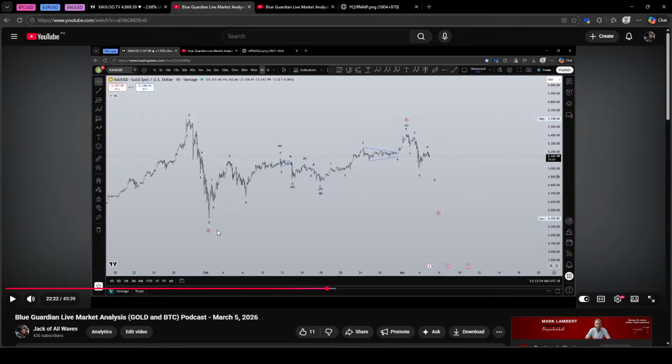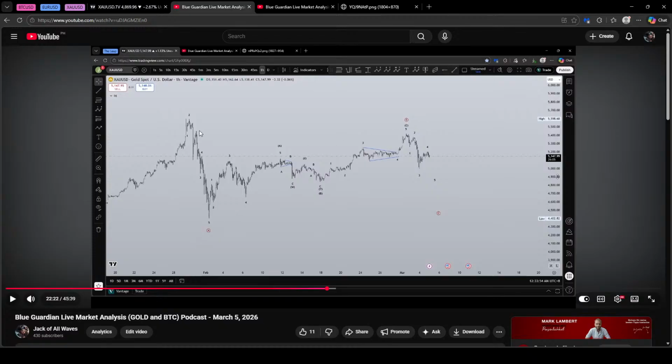When I say zigzag, it is composed of five waves for the parenthesis wave A here, and then another five waves for the parenthesis waves here, which will complete the internal waves of the wave B corrective structure.